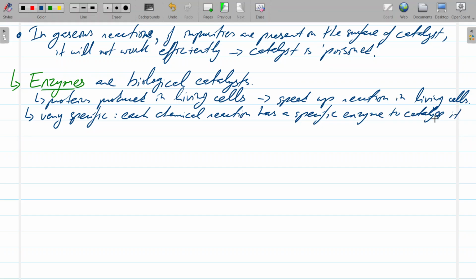And the reason for that is similar to what we saw in hydrogen peroxide. If you leave reactions in living systems to happen on their own, they might, but they would take so long that by the time they happen, the organism would be dead much before. And so to sustain life, you need those reactions to happen very quickly. And that's why you need catalysts.